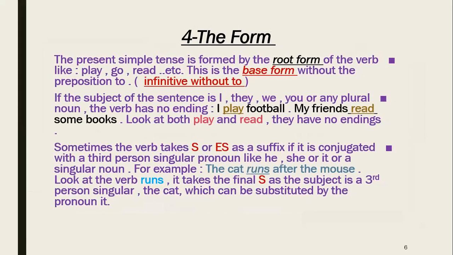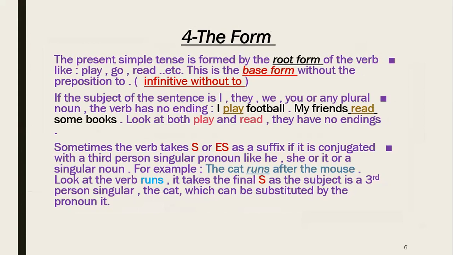What about the form? How do we form the present simple? For the present simple, we use the base form of the verb, the root of the verb, or the infinitive without to. We know that verbs in English have three forms. Form one or verb one is the present simple.